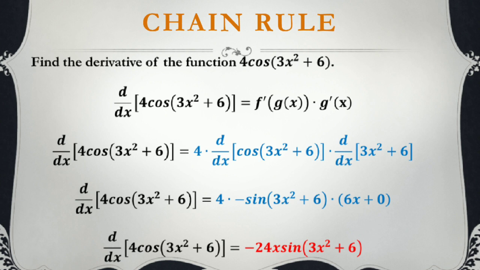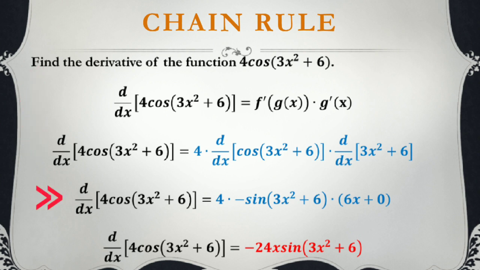Now for the example, find the derivative of the function 4 cosine of 3x squared plus 6. The derivative of 4 cosine of 3x squared plus 6 is equal to 4 times the derivative of cosine of 3x squared plus 6, times the derivative of the inner function, which is 3x squared plus 6.